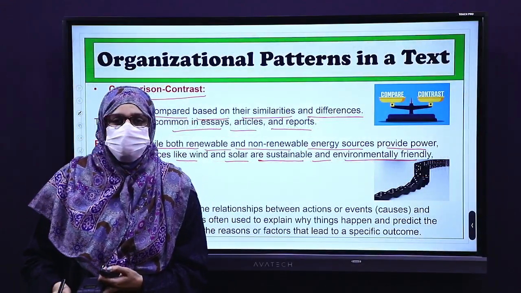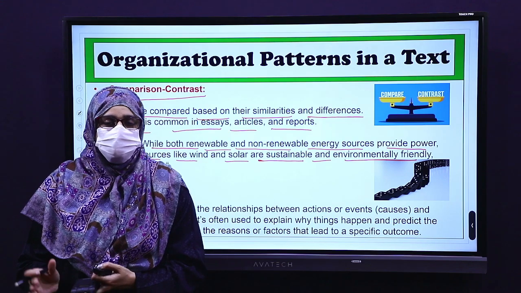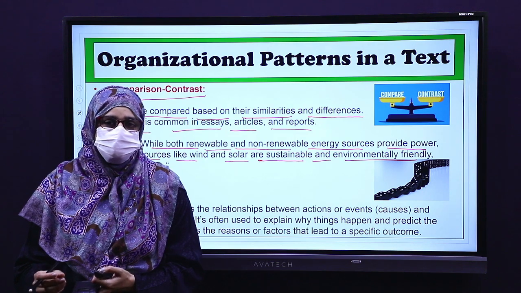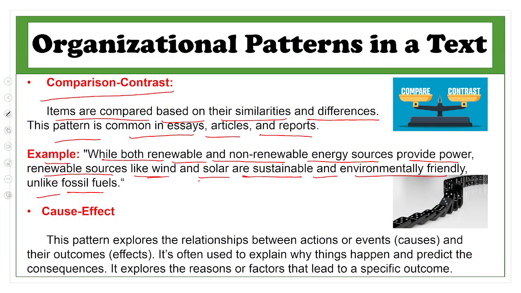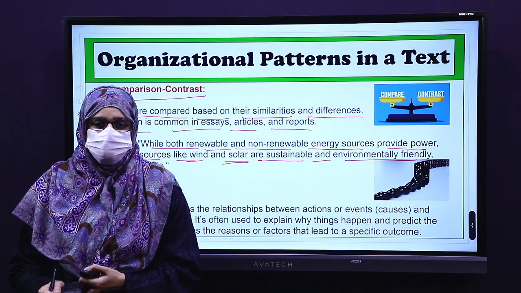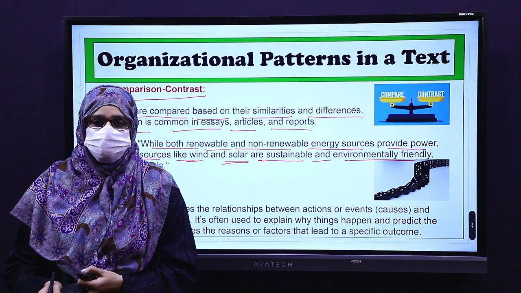So, according to this example, we have been told that fossil fuels are not that reliable source of producing energy, whereas wind and solar are more sustainable nowadays. So, you can very clearly see the contrast and the comparison.